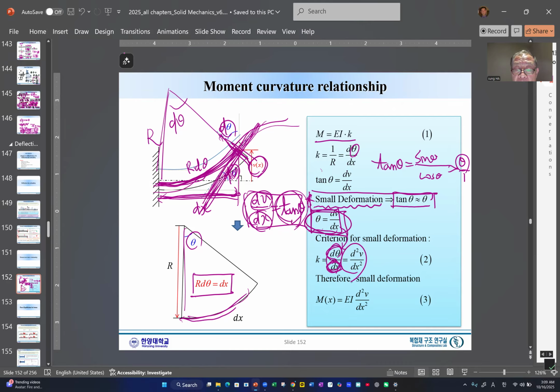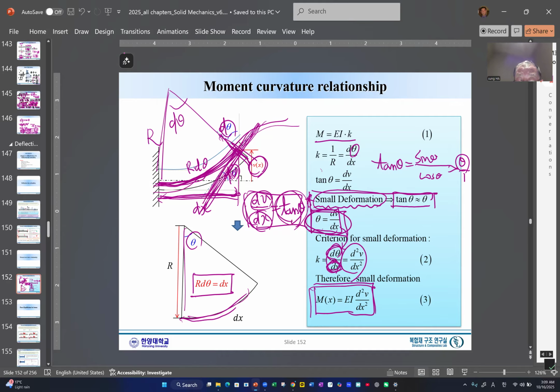So the curvature is simply the second derivative of the deflection curve. So combining this with this assumption, we have moment equals EI times curvature, I mean the second derivative.